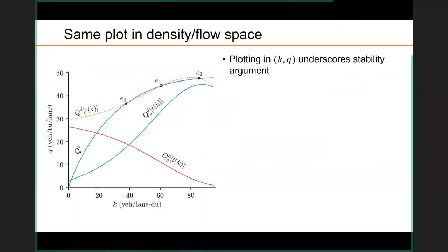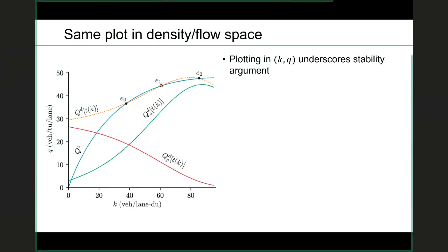It's a little bit easier to see the stability argument if we plot this not in flow unit travel time space, like QT space, but in density flow space. At least to me, it's easier to see why E1 would be unstable according to our argument.